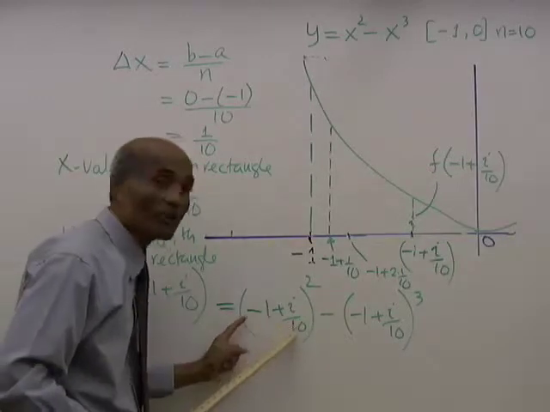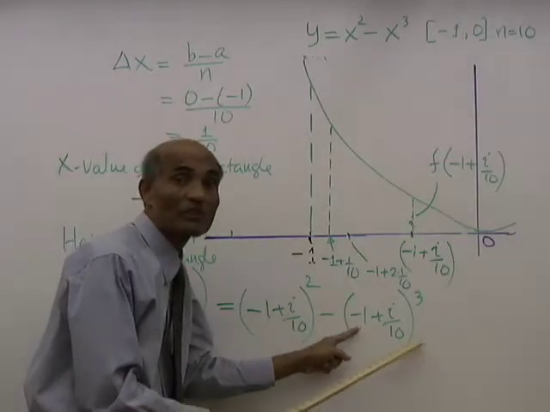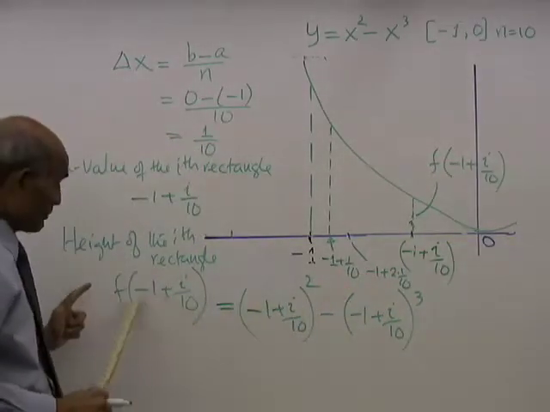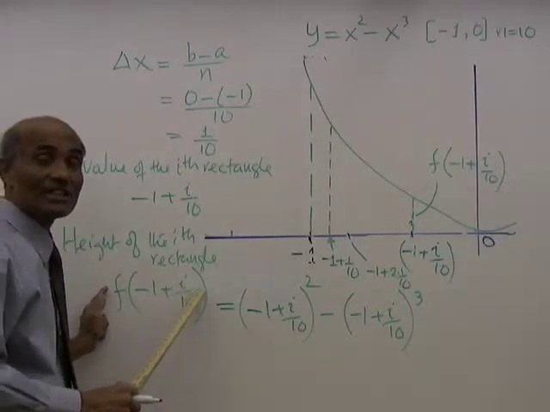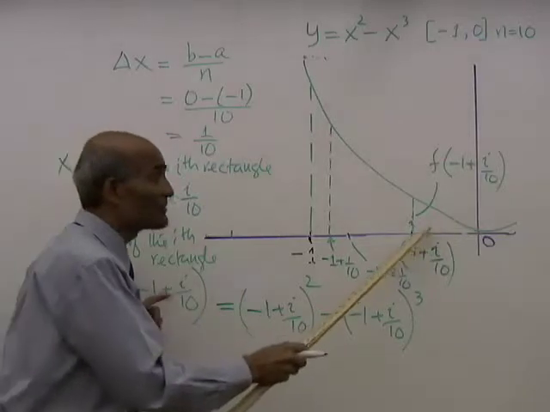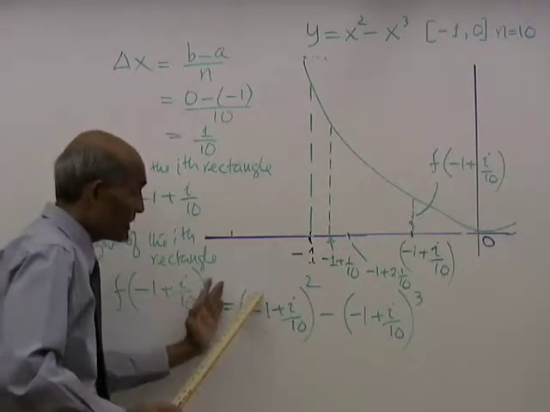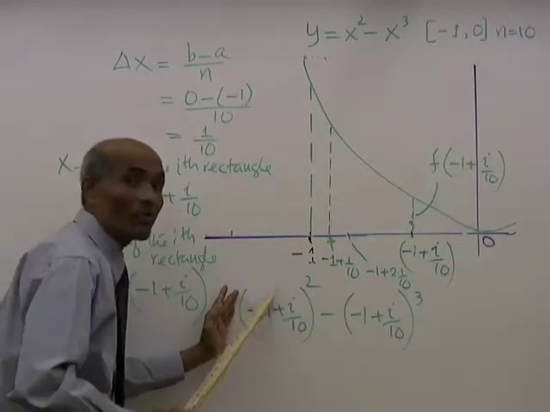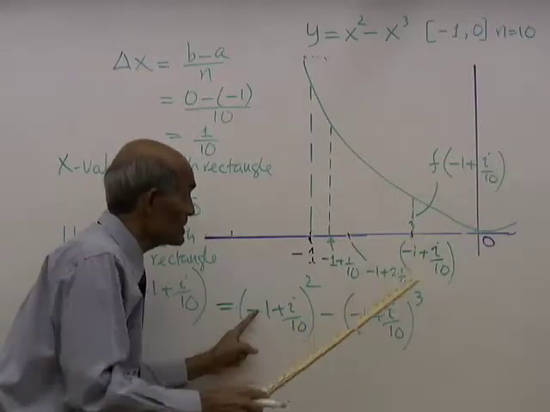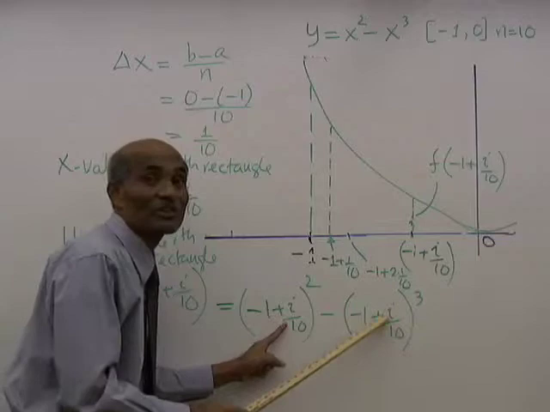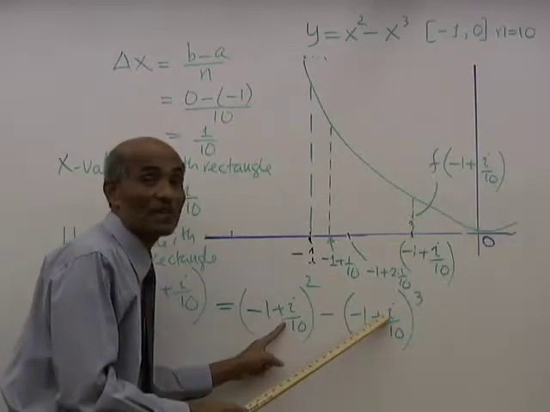This is our function, f of x equal to x squared minus x cubed. And therefore, the right side height of the ith rectangle will be x squared minus x cubed, where the x value is -1 plus i over 10. I hope you understand this.